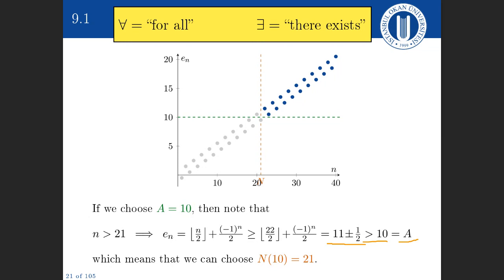If A is 10, we could choose capital N is 21. And then if we're after 21, all of the sequence is above the green line.